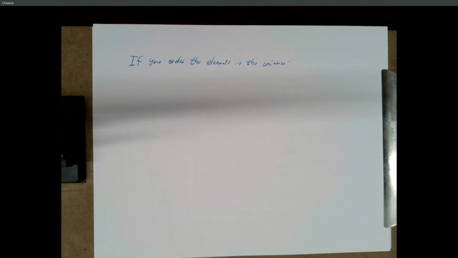Okay, if we order the elements in the universe, a first element, second element, third element, we can use that to represent sets very nicely in computers with binary strings.